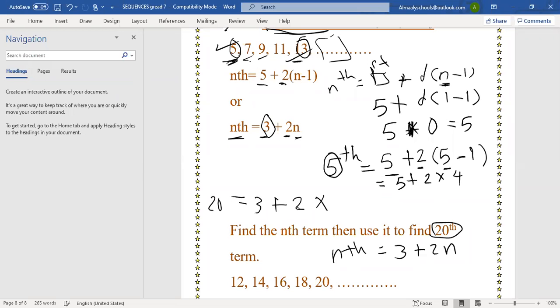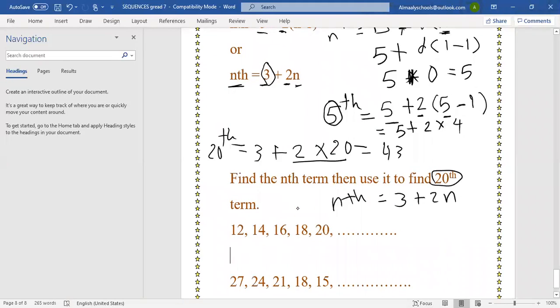Multiply by 20. Excellent. So 2 multiply 20 equals 40. Plus 3, it's 43. Understood? Yes.